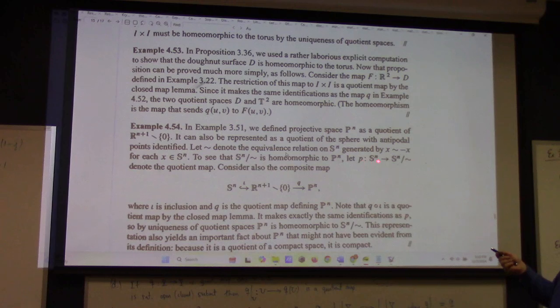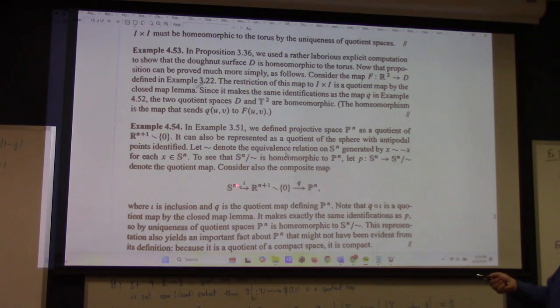To see this, let p go from Sn to Sn mod the antipodal equivalence, denoting the quotient map, and just consider the composite map: the inclusion i of Sn into R^(n+1) without 0, and then the quotient map q from there to Pn. Note that q composed with the inclusion is a quotient map by the closed map lemma. Why is that? What do you know about Sn?